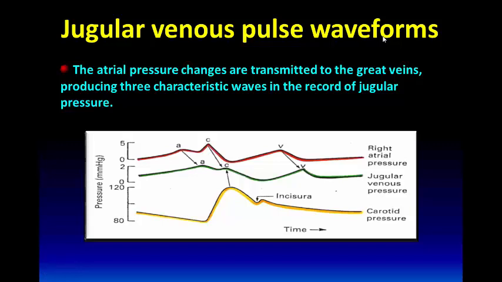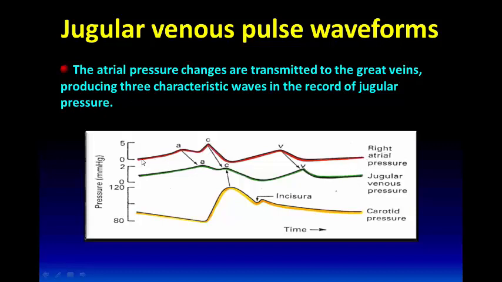So changes in right atrial pressure during the cardiac cycle result in changes in the jugular venous pulse wave forms, because there are no valves between the right atrium and the superior vena cava and the internal jugular vein. So the atrial pressure changes are transmitted to the great veins, producing three characteristic waves in the record of the jugular pressure.